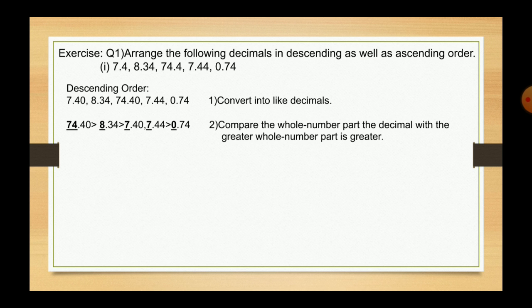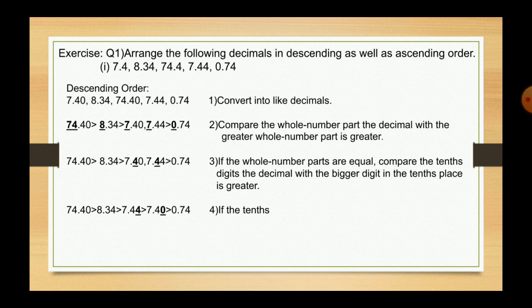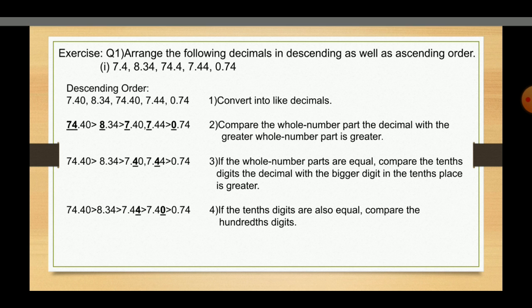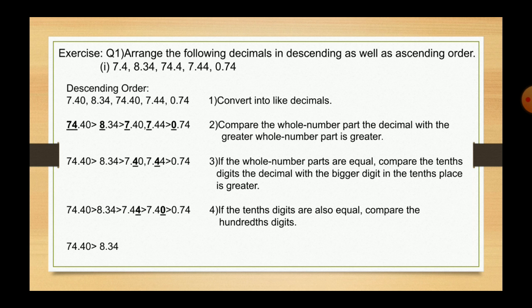So compare these two numbers again, 7.40 and 7.44. Which one is greater? 7.44 is greater than 7.40. So therefore our descending order is 74.40, 8.34, 7.44, 7.40 and 0.74.